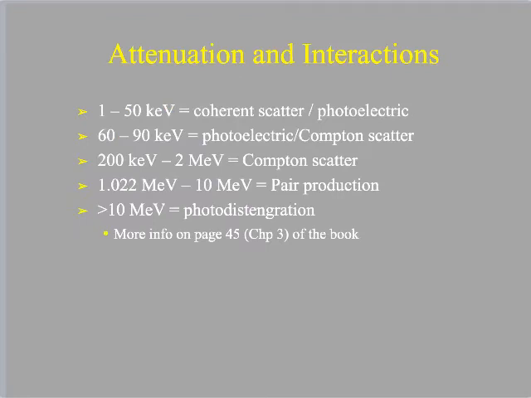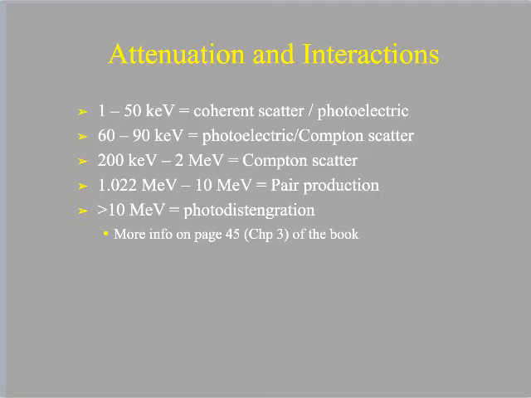So the first big takeaway from chapter 3 or from your physics textbook is that, at least when we're talking about electromagnetic radiation, the energy of the electromagnetic radiation has a direct bearing on what type of interaction is most likely to occur, right? So this is a list here of energy increasing.